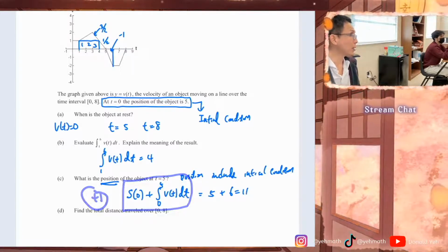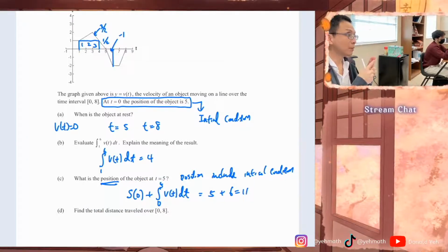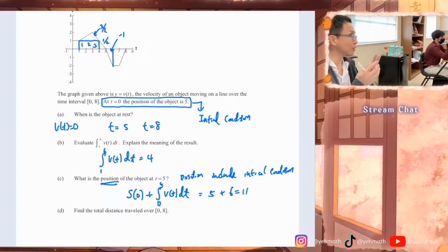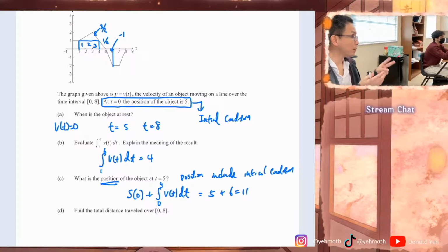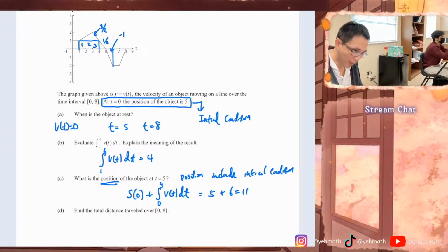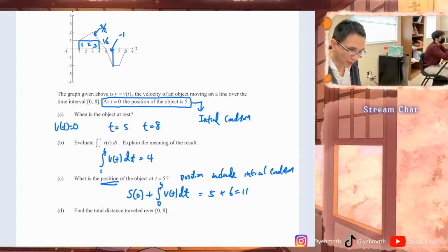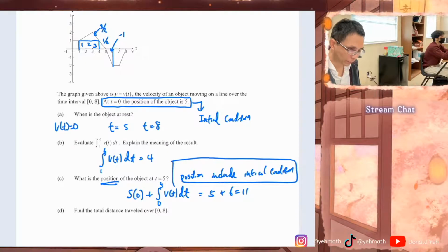Make sure you write down the initial condition, only for position though. Not total distance, not total displacement, because for total distance and total displacement you just look at the difference. But for position, the final position, especially the initial condition is included. So write it down: positions at a time, you must include initial conditions, which is here.